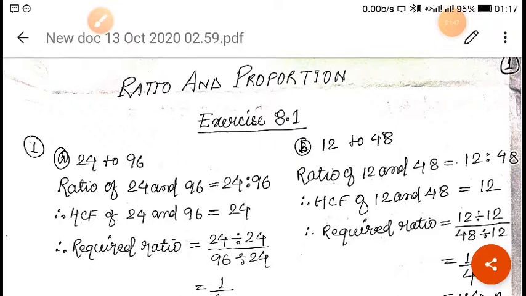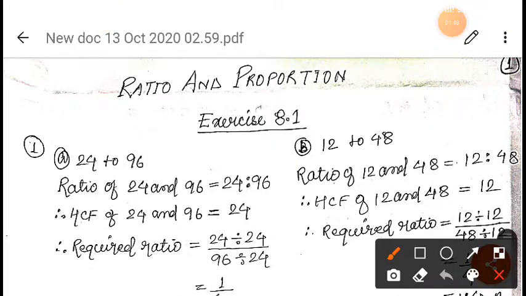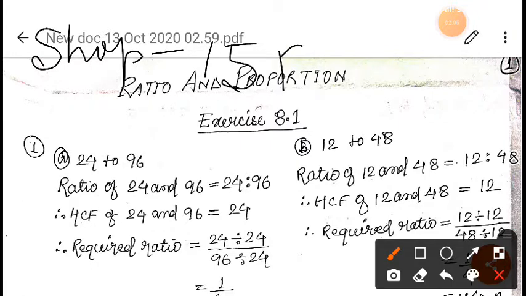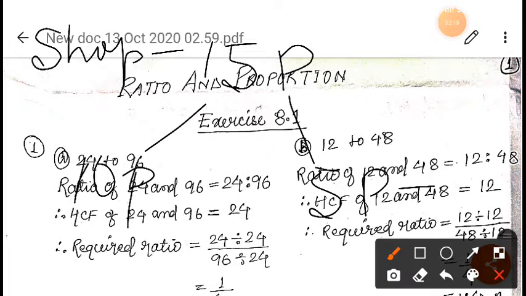Suppose there is a shop, and from that shop your father or your mother has bought 15 pencils. Of these 15 pencils, she gave 10 pencils to you and 5 pencils to your younger brother or younger sister.